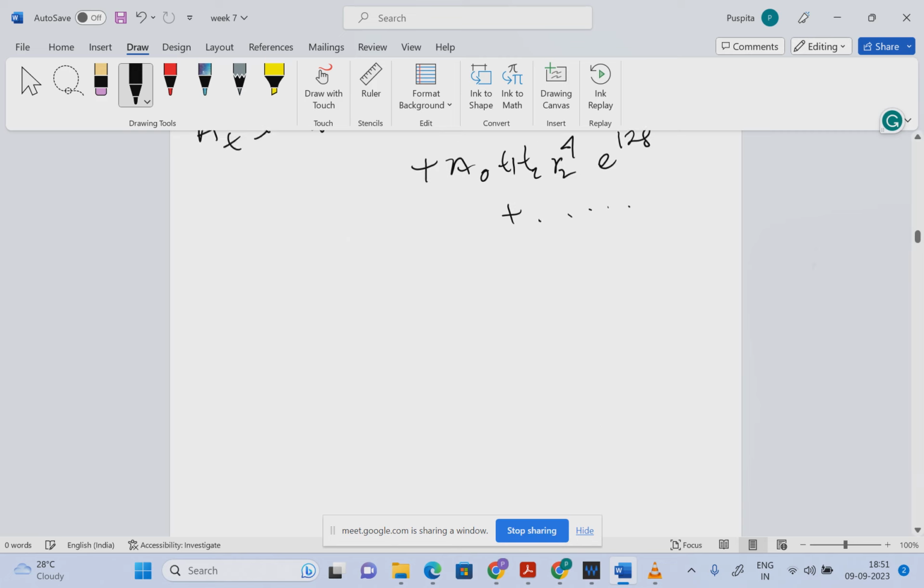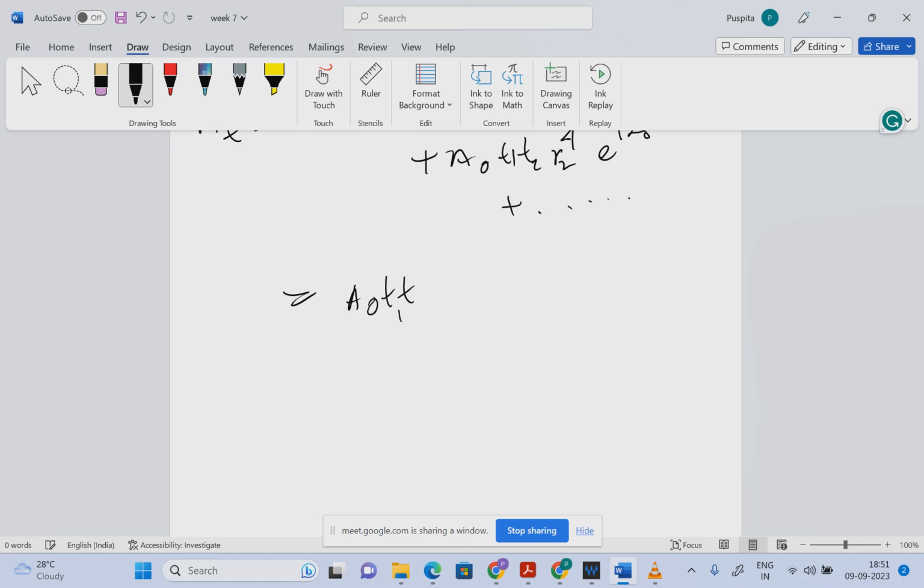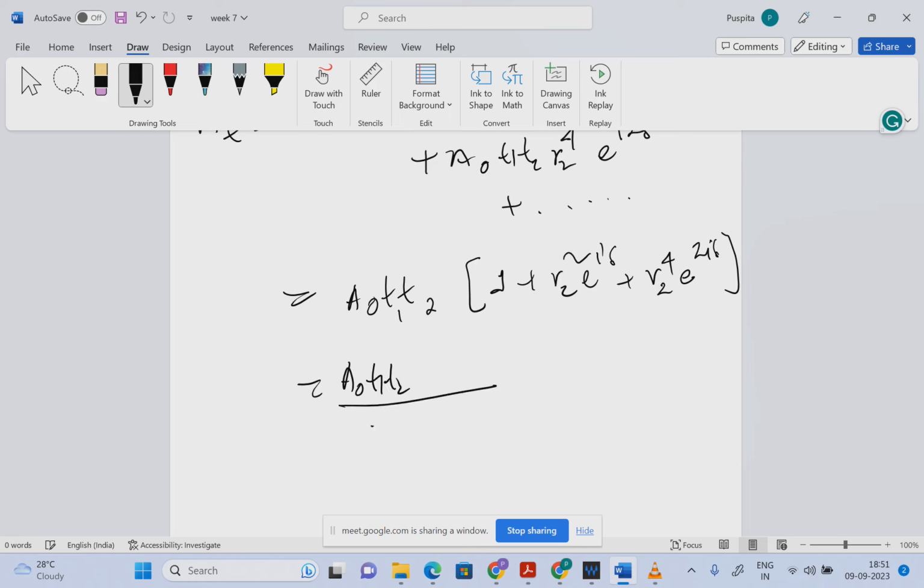So you can take the polynomial as P1 P2 times 1 plus R square e to the power i delta plus R to the power 4 e to the power 2i delta, and this would be A0 T1 T2 by 1 minus R square e to the power i delta.